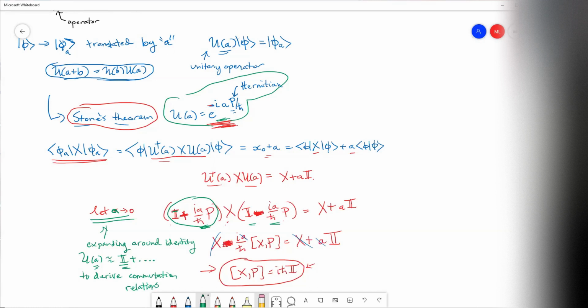You might have seen related things if any classes ever told you about Noether's theorem. This is somewhat related to that, but it's a little bit more transparent than Noether's theorem because it just comes straight out of the mathematics of quantum mechanics.